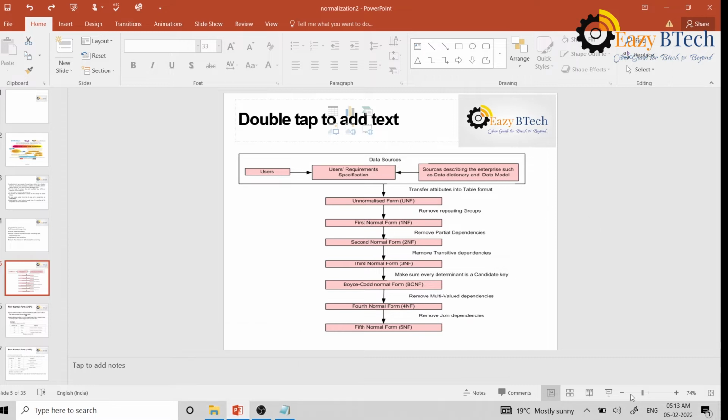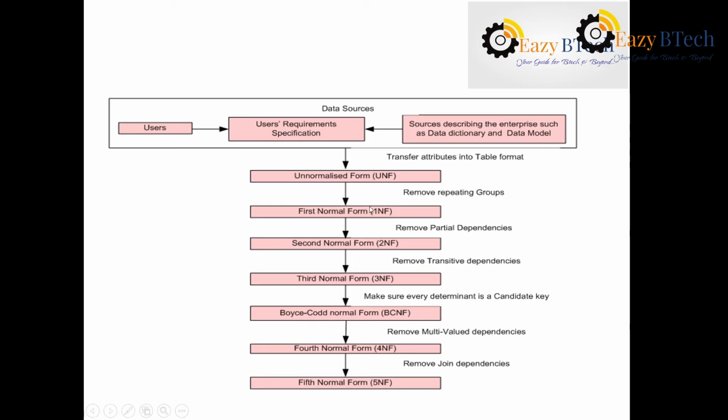Here, first normal form. What is the first normal form? We already discussed what the first normal form is. Remove the repeated group, remove the partial dependency. Removing partial dependency means one value is dependent upon only one atomic value. First of all, removing the repeating group is the first normal form.